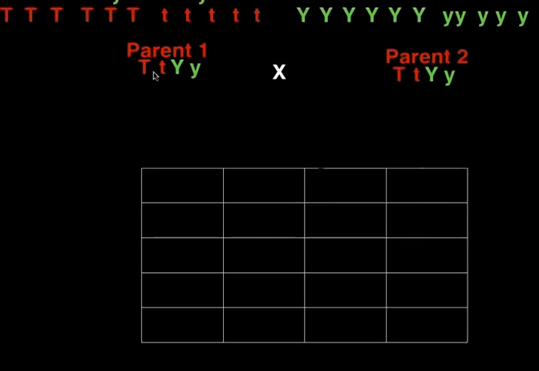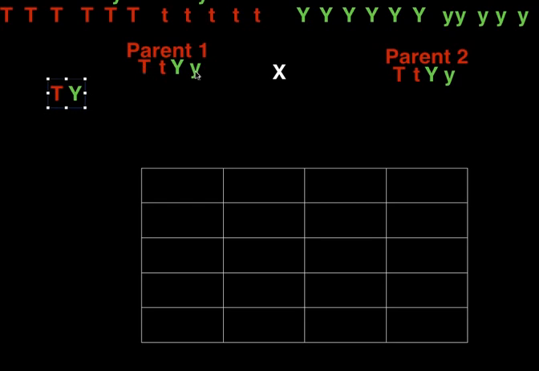Now we're looking at just the traits, we've taken the chromatids away, and we're looking at a parent 1 and a parent 2 crossing, both heterozygotes for both traits. So what is the possibility? This T could go with the big Y, and we'd get this gamete produced.